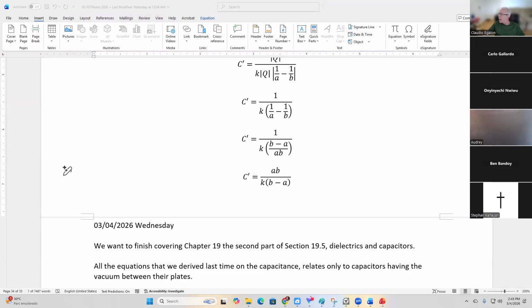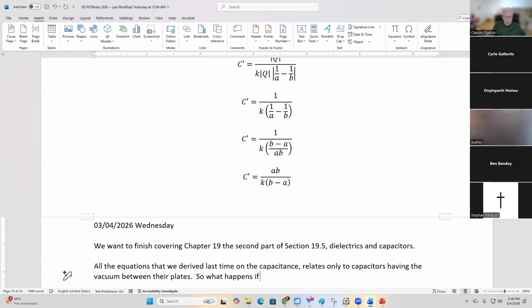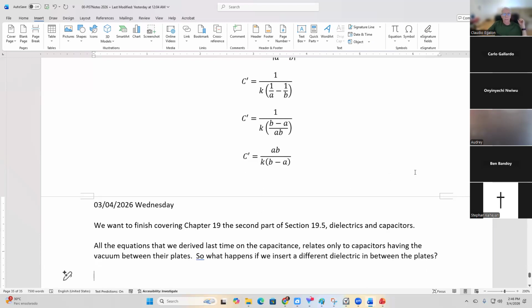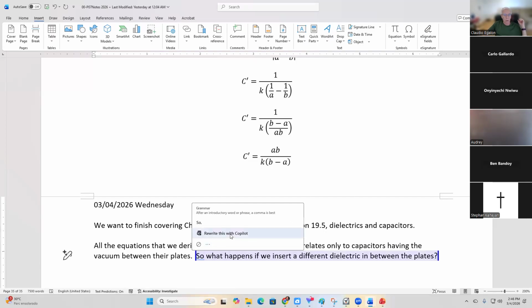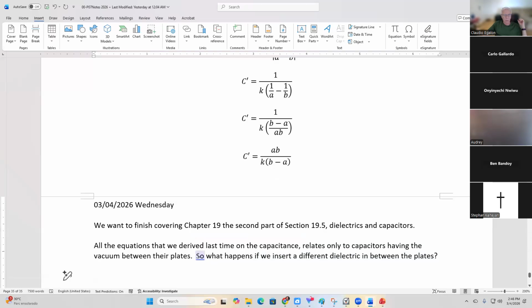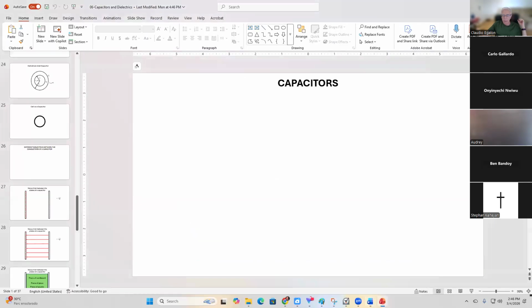But then what happens if we insert a different dielectric in between the plates? Okay, what happens? That's what we're going to cover today, okay?